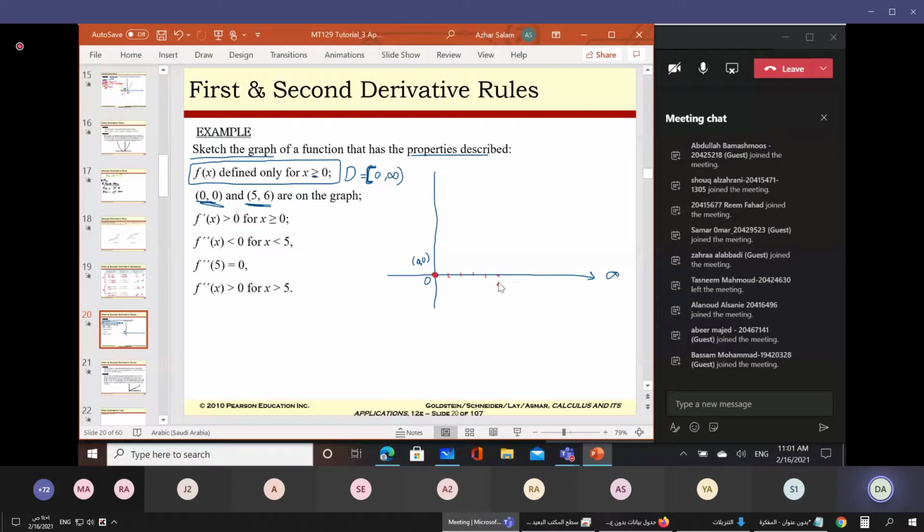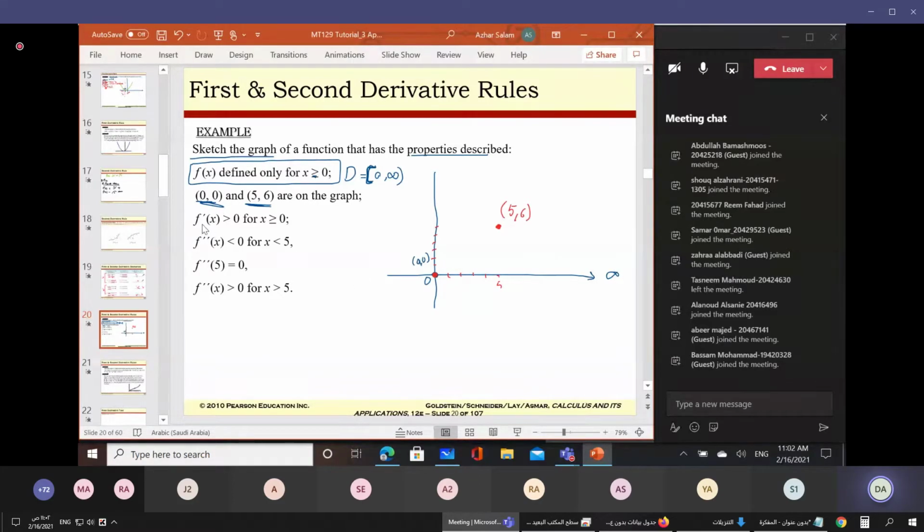And the y component is 6: 1, 2, 3, 4, 5, 6 in here. This is the point (5, 6). So the sketch that I draw here should cross these 2 points, and I begin from this point. Do not draw anything in here.